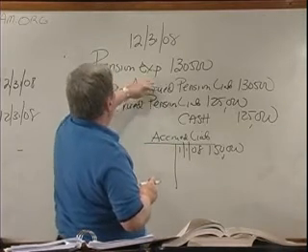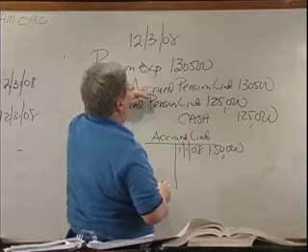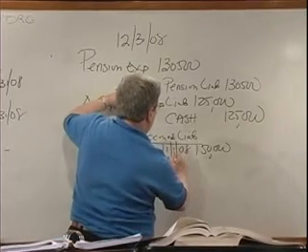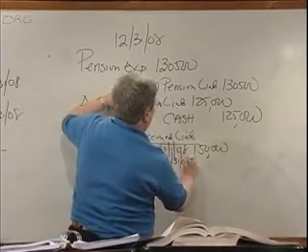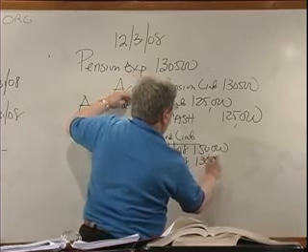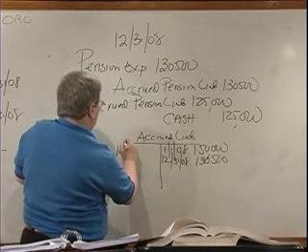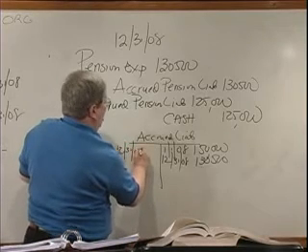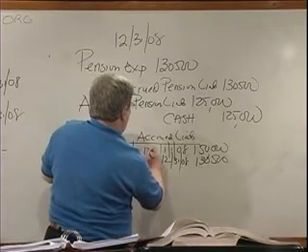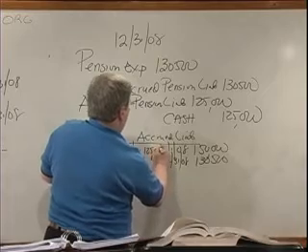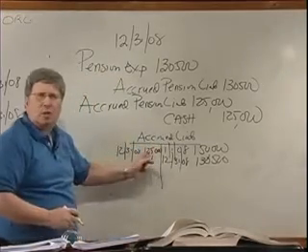Now, for 12/31/08, what did we do? We credited the liability for $130,500, and then we paid at 12/31/08 $125,000. Can you see that 125?